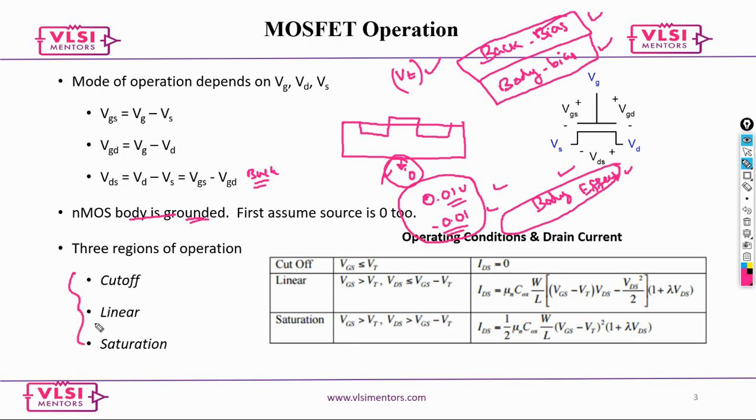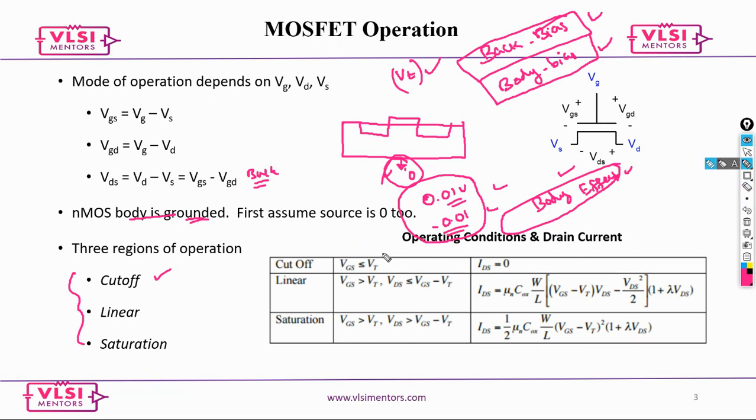So there are three modes of operation in MOSFETs. The first mode is cutoff. It is when your gate voltage is less than VT.